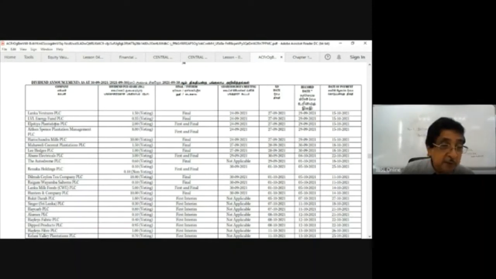And LVL Energy Fund Private Limited, there you have a 35 cents dividend, that's a small dividend, and another 2 rupee dividend. Aitken Spence, 8 rupee dividend, and Harischandra Mills Limited, 30 rupee dividend. It's a final dividend. Some you have seen as first and final. There can be several ways of doing it. Mahaweli Coconut Plantations PLC 150. So likewise, you can see some organizations have given high dividends. Harischandra Mills paid the 30 rupee dividend.